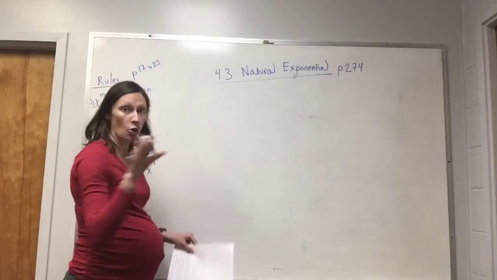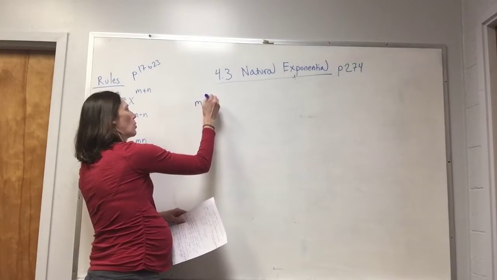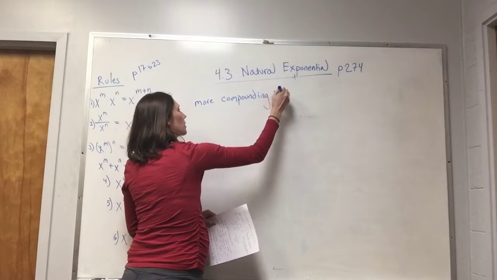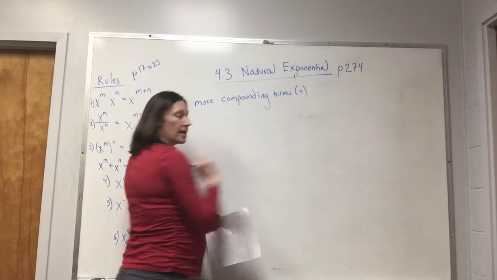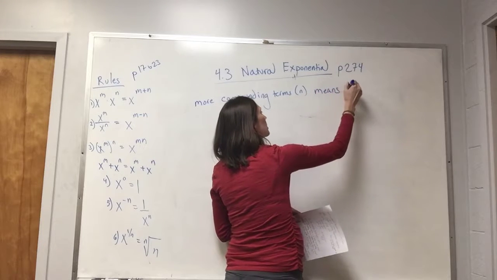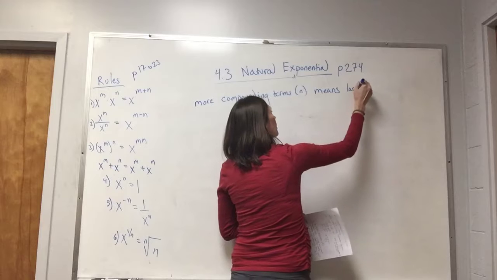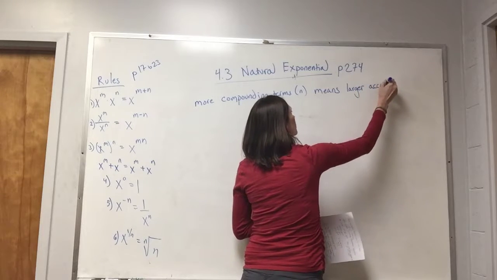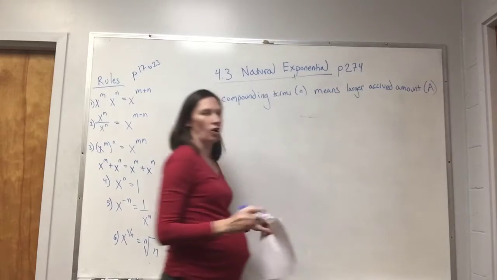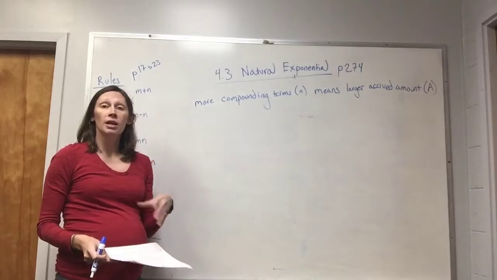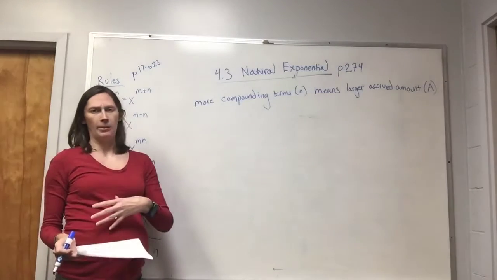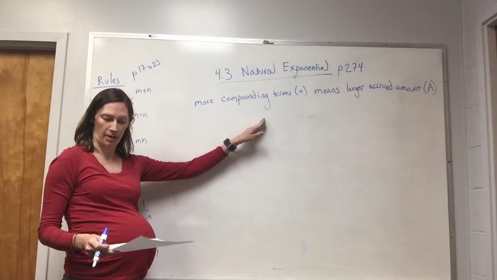Well, with money, if you're the investor, more compounding terms, which was your n in the equation, means a larger accrued amount, which in the equation we called A. So if you are investing your money, you want to look for accounts that are compounding daily, not compounding monthly. We want more terms to compound.